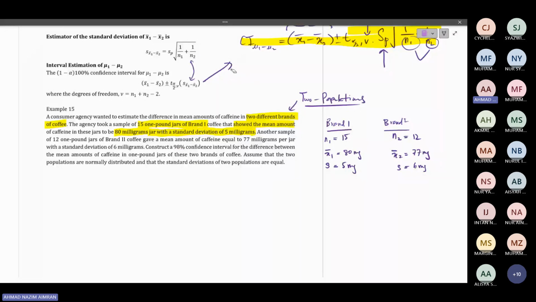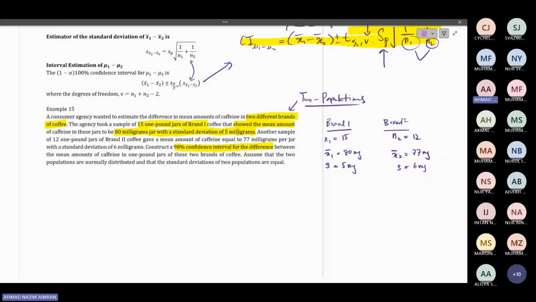Okay, so now memang confirm soalan ni dia minta 98% confidence interval for the difference between the mean amounts of caffeine in 1 pound jars of these two brands of coffee. Okay, kat sini yang boleh jadi tricky kadang-kadang. Kadang-kadang the question can ask you to construct a 98% confidence interval for the mean caffeine for brand number one only.